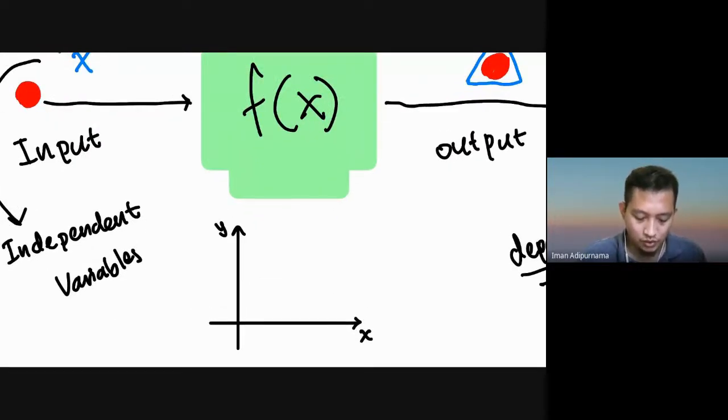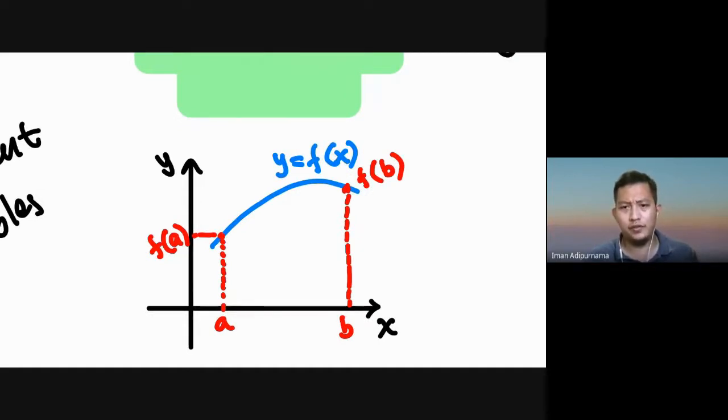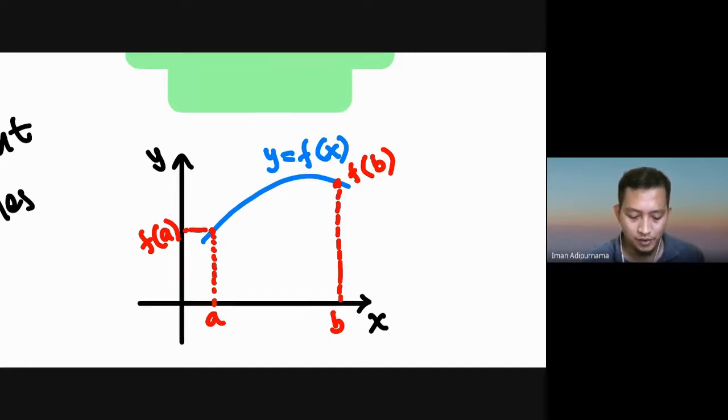Let's say we draw any random function, maybe like that. We can write this curve as y equals f of x, which means for every x, say it's a, we will have f of a, and maybe here f of b. Got it? This is just a quick review from maybe junior high, high school, or maybe elementary.